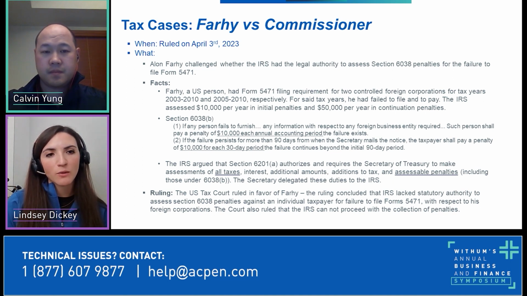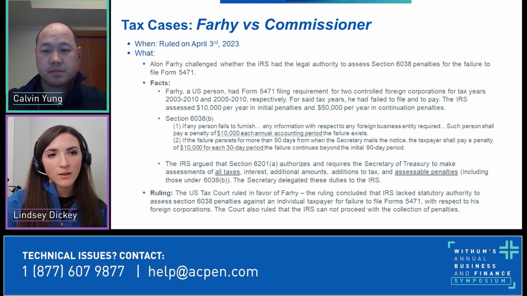And really, the ruling came down in favor of Farhy due to the IRS lacking statutory authority to assess these penalties, specifically for Forms 5471 with respect to the foreign corporations. This is because the court noted that in the instance of Section 6038, there was no specific language indicating the IRS has the authority to assess these penalties on taxpayers as well as collect.